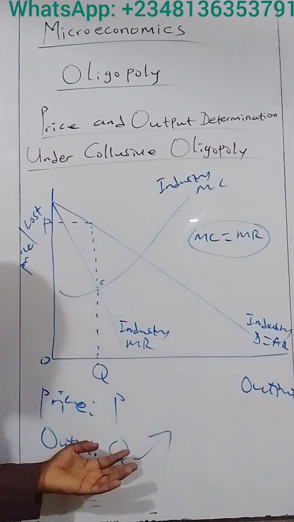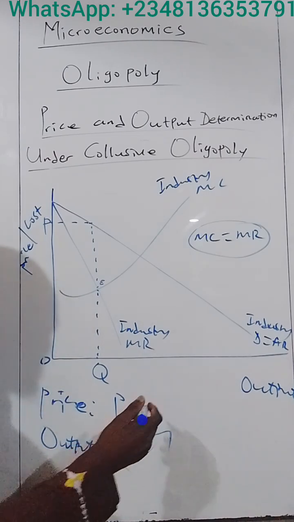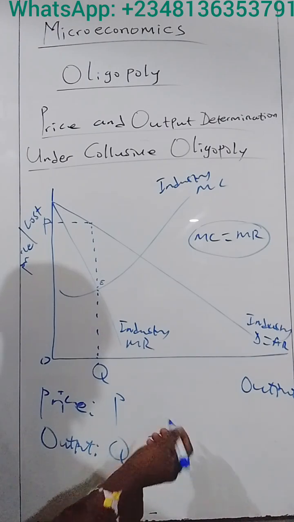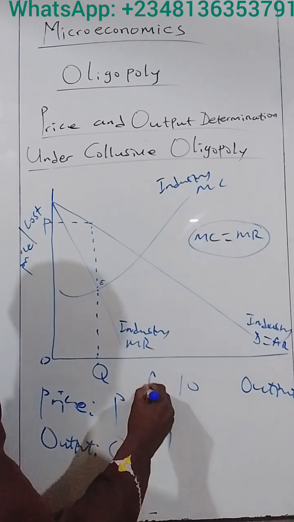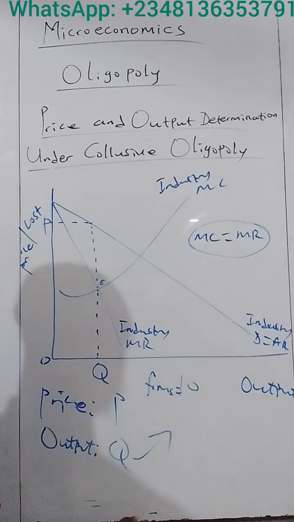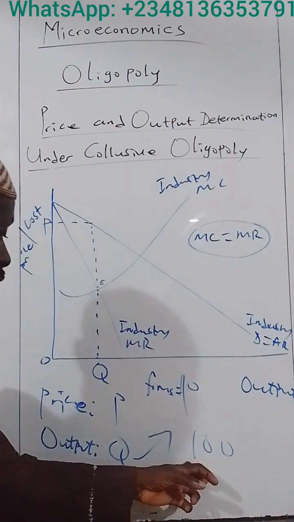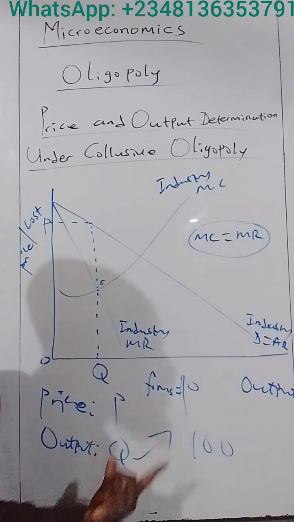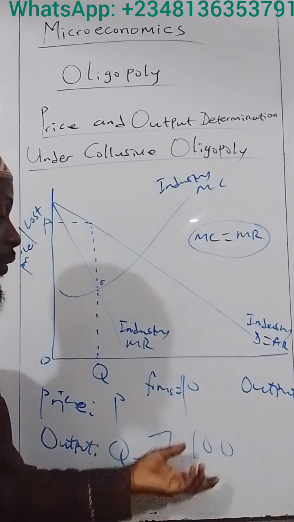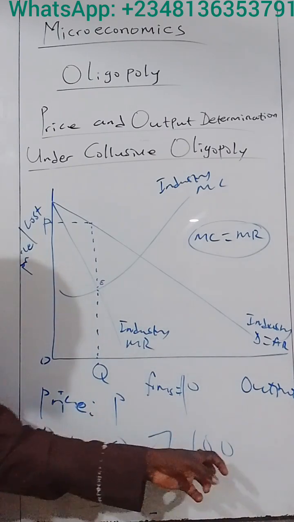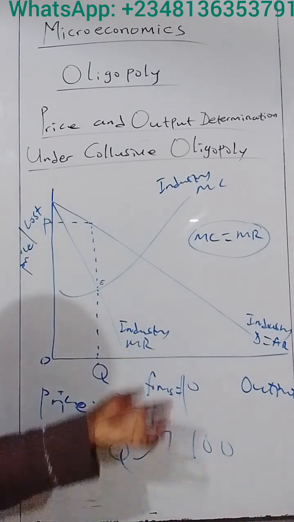For example, let's say there are 10 firms in the market and the output in the market is 100. They are going to share these 100 units among themselves. They might share it equally, so each firm will produce 10 units of output and supply to the market.